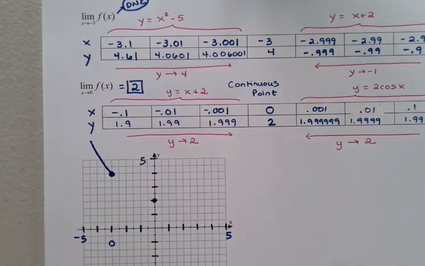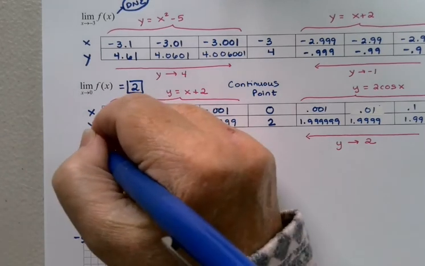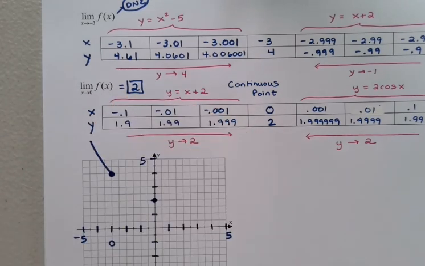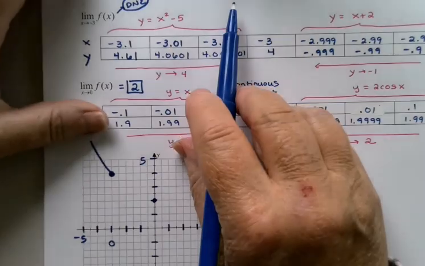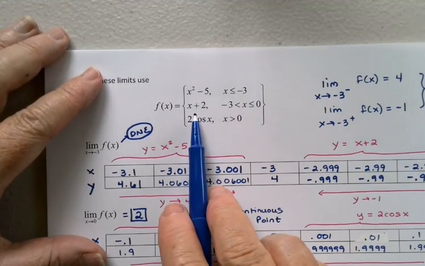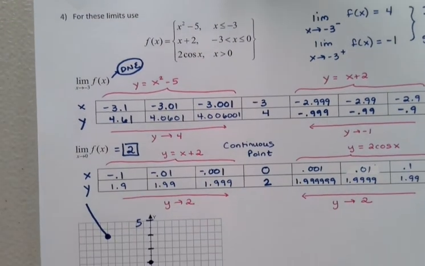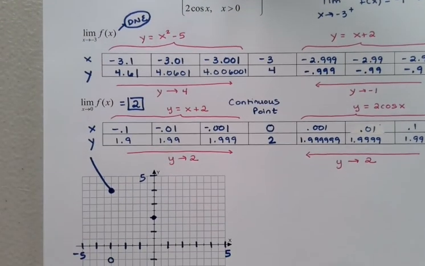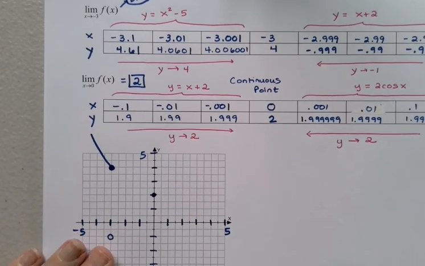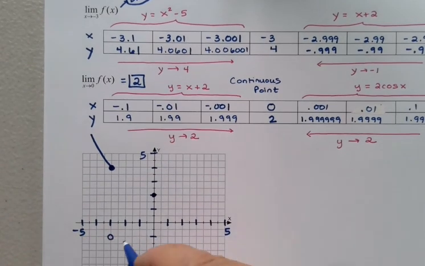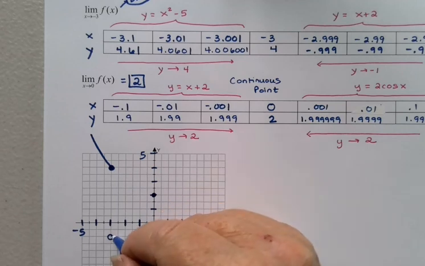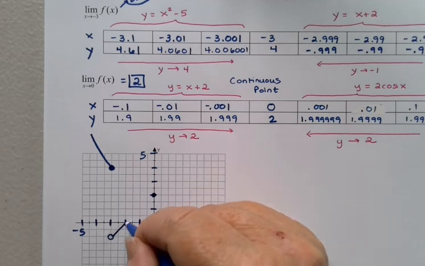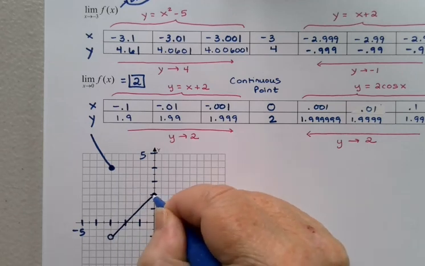I'm just going to draw a slightly curved line coming in there. Then, between negative 3 and 0, we have just the straight line x plus 2. So approaching negative 3 from the right, we were down here at negative 3, negative 1. Then we just have a straight line connecting us to that 0, 2.